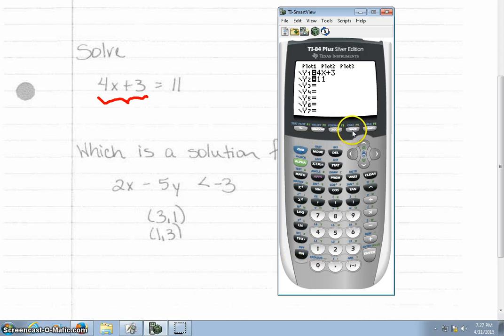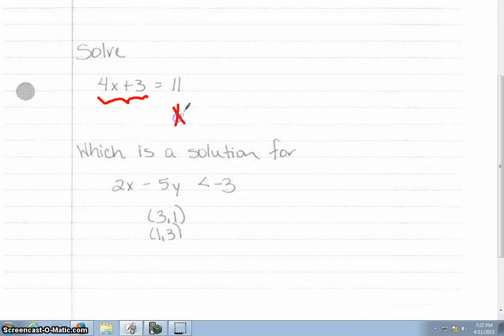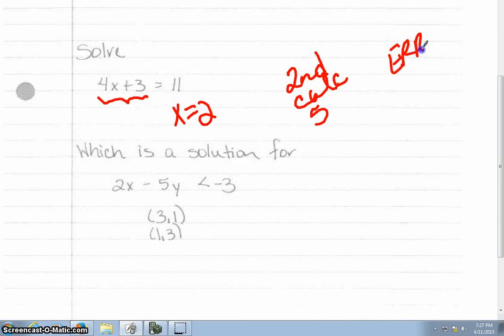You're going to go second, calc, 5 for intersect, let it draw, enter, enter, enter, and x equal 2. All we care about is the x, so x equal 2. So make sure you make yourself a note. You're going to do second, calc, 5. If it gives you an error, then you need to zoom out and do it again.